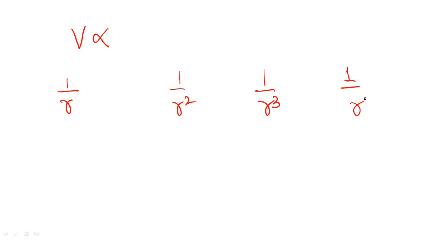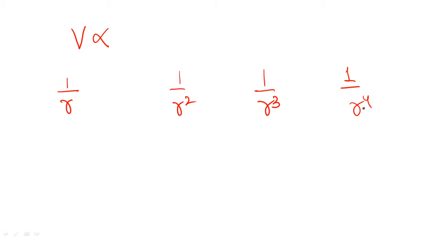Now let's talk about the point we are going to discuss in this video. Generally, in the questions, you need to find the dependency of potential on x or r, how it is dependent. The options are going to be 1 upon r, 1 upon r square, 1 upon r cube, 1 upon r to the power 4, something like that.